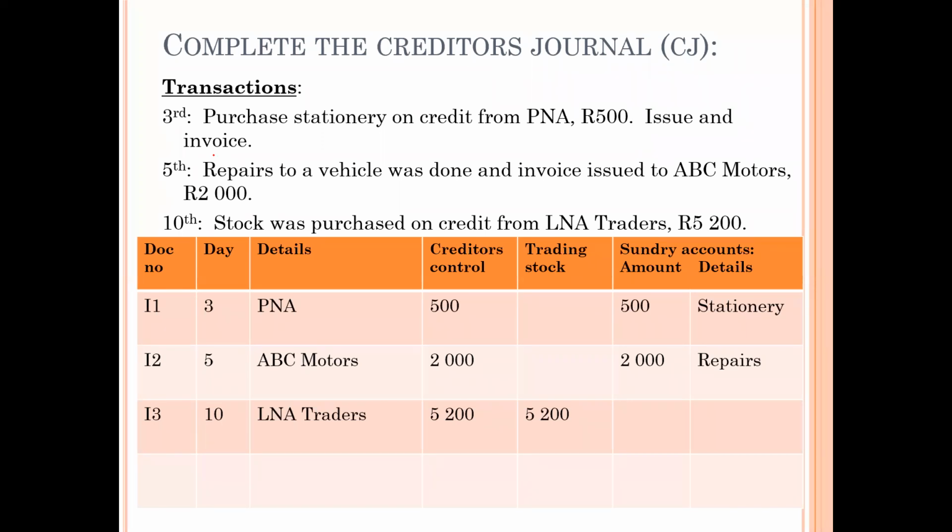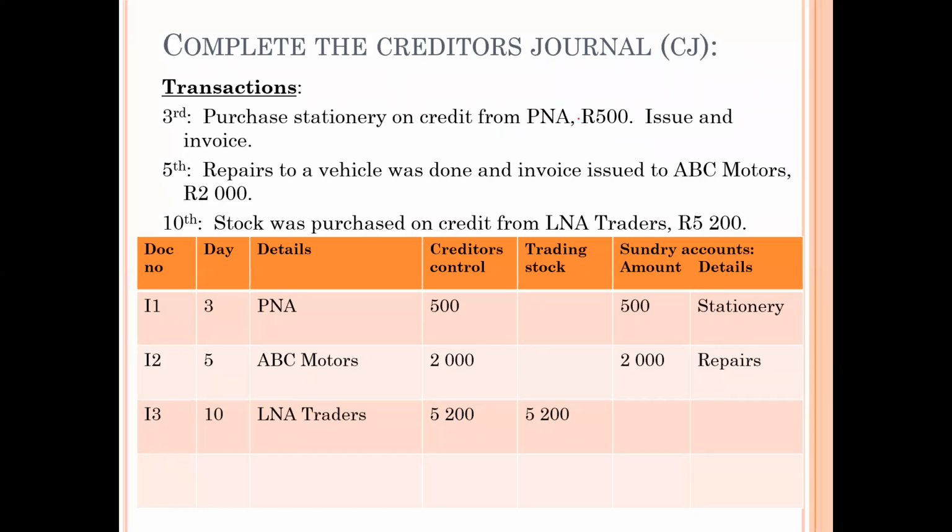It is saying they purchase stationery on credit from PNA for 500 Rand, issue an invoice. Let's first look at the information that we have. We've got the date, the 3rd. We know it's for stationery. We know that it was purchased from PNA, so that's the name of the business.